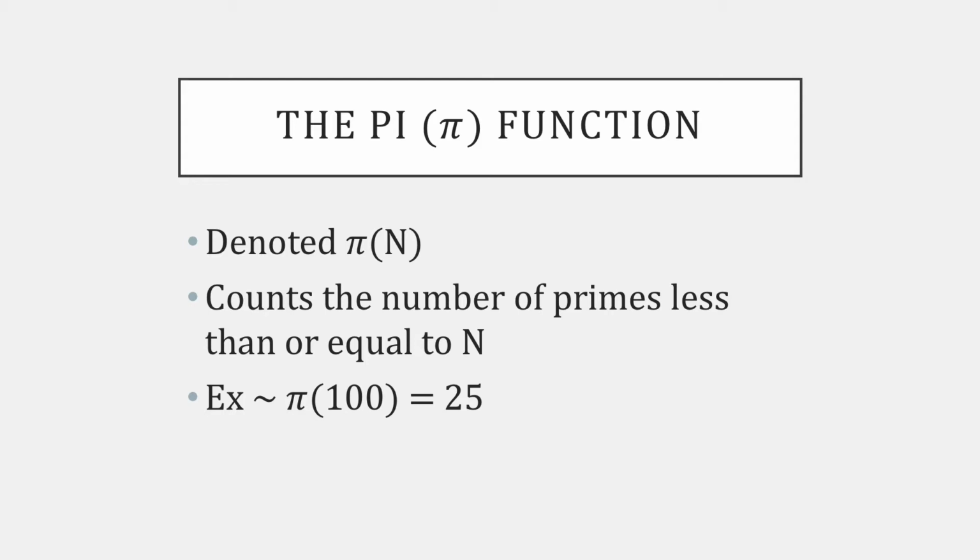However, unlike the phi function, which, for any given positive integer k, outputs the number of integers less than or equal to k that do not share any common factors other than 1 with k, the pi function works to count the number of primes less than or equal to n. So returning to our earlier example, the pi of 100 would be 25, since there are 25 prime numbers less than or equal to 100.